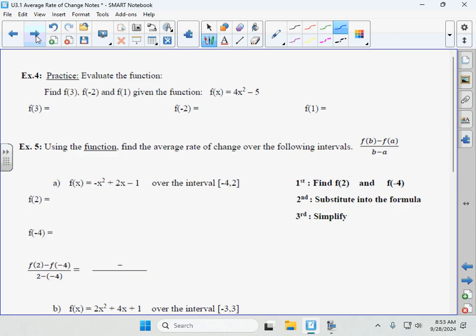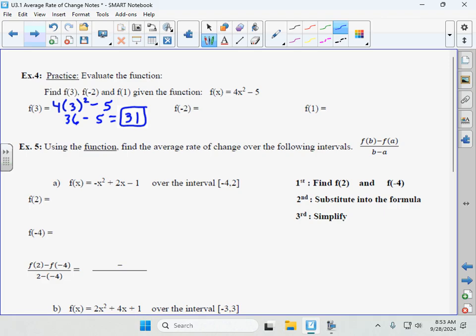Finding f of 3 for this function, we have 4 times positive 3 squared, and then minus 5. If you need to use calculators, use calculators. Order of operations, you have to do exponents before multiplication. So 3 squared is 9, 9 times 4 is 36, minus 5, and so that's going to be 31.